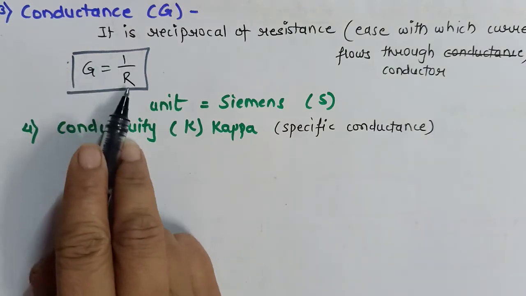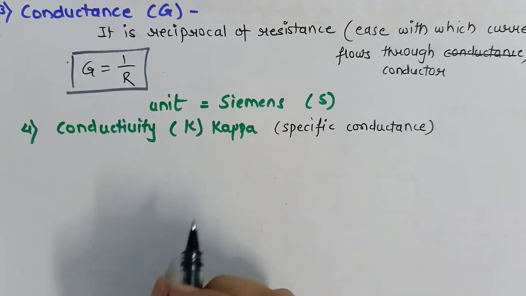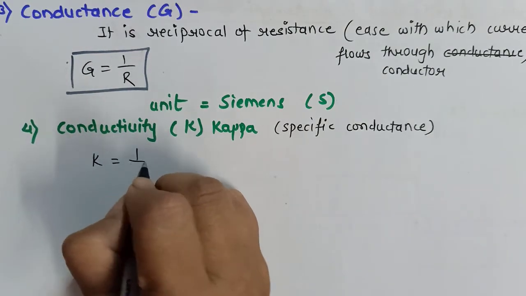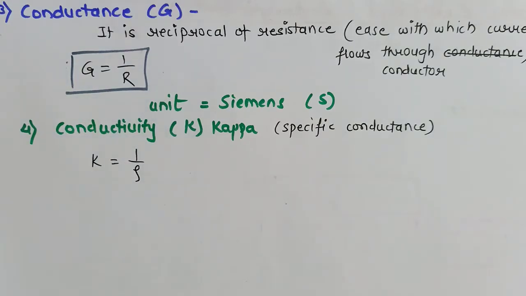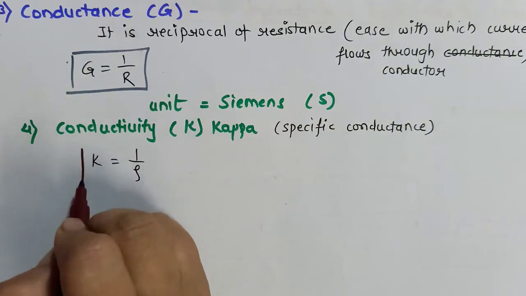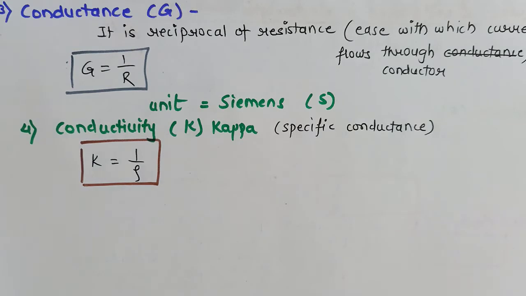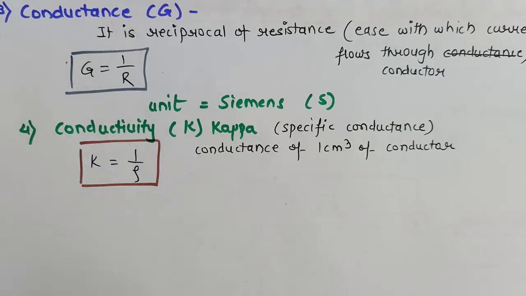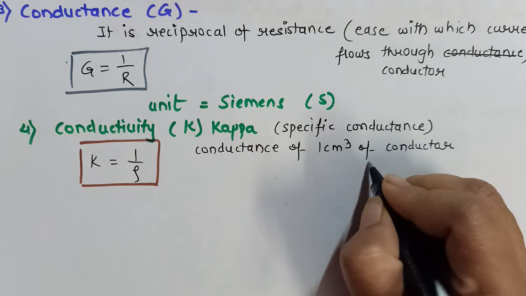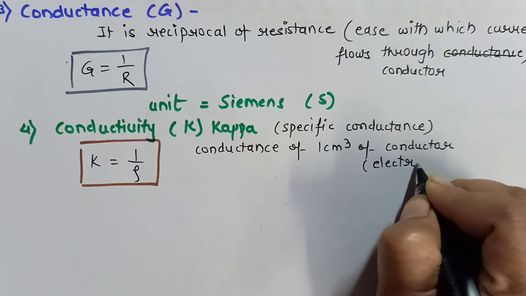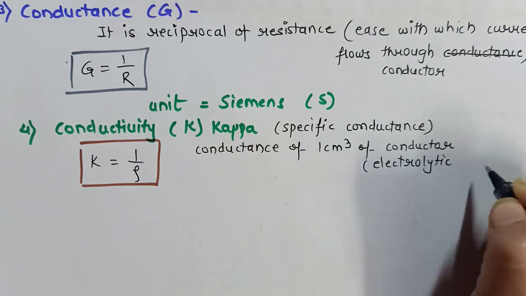Now G is the reciprocal of resistance. Similarly, kappa is the reciprocal of resistivity. Both are different things. So how can we define kappa? Kappa can be defined as the conductance of 1 centimeter cube of conductor. Here, what is the conductor? We always take the electrolytic solution as the conductor.